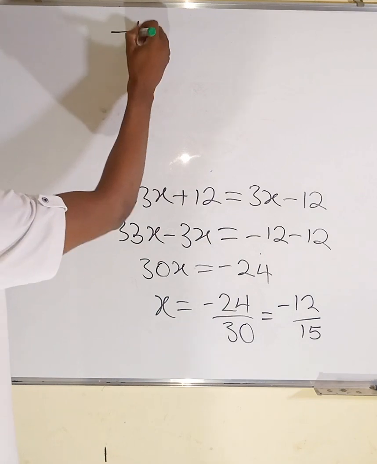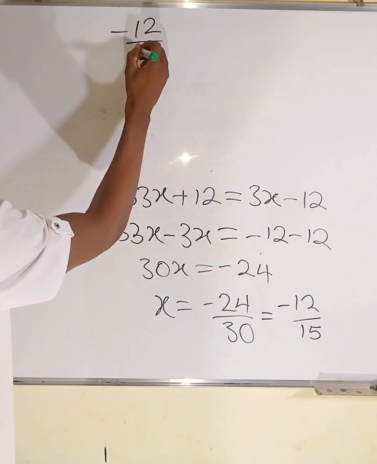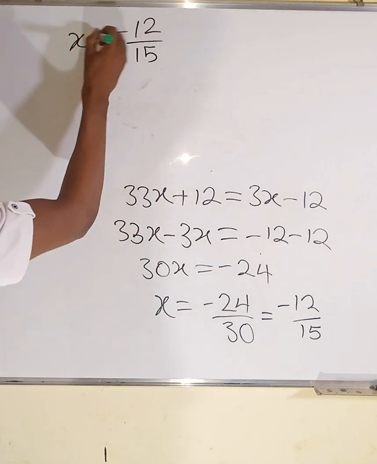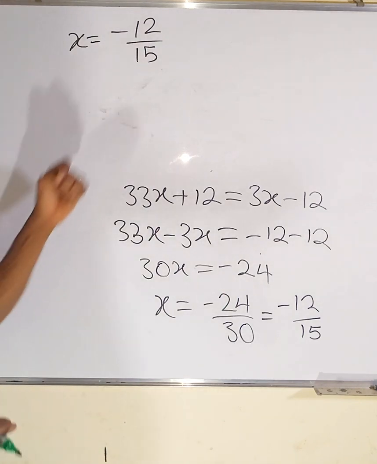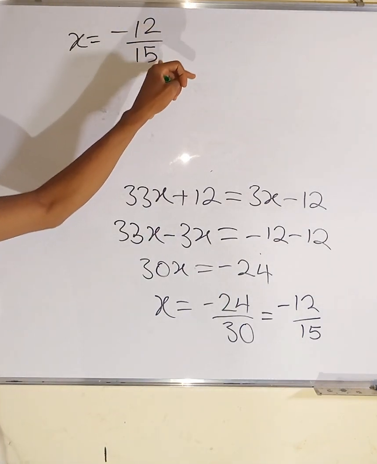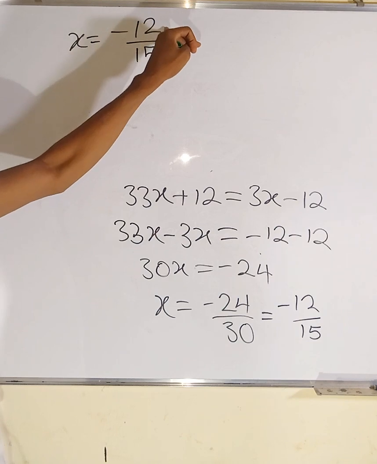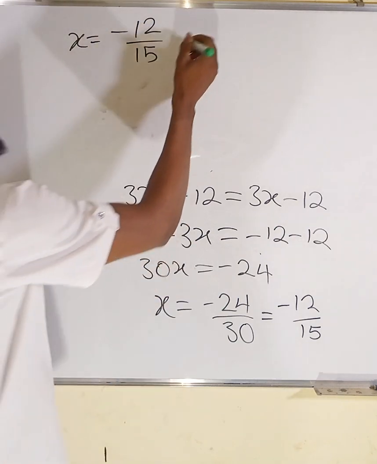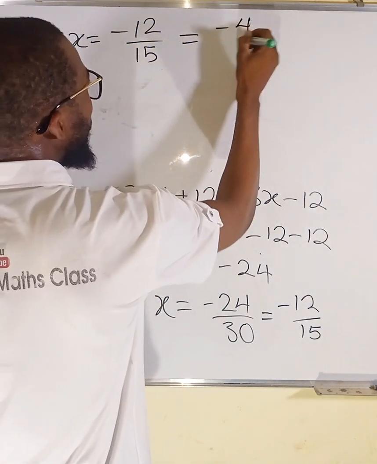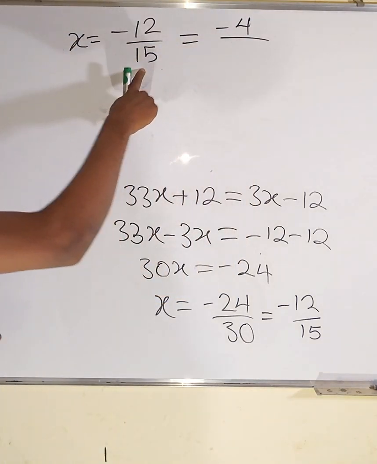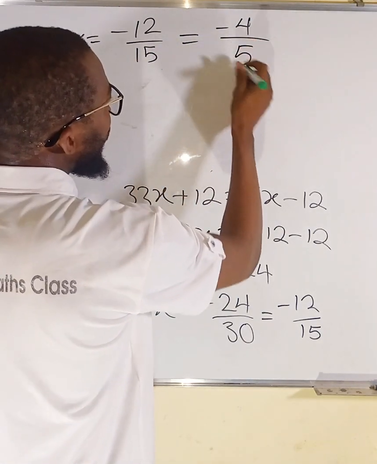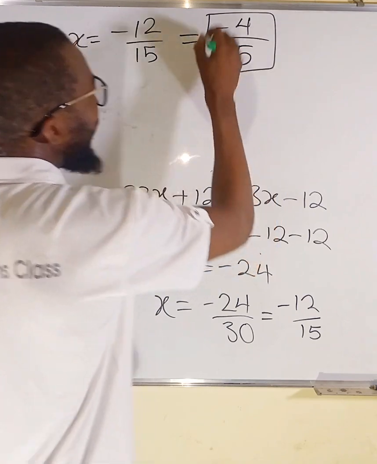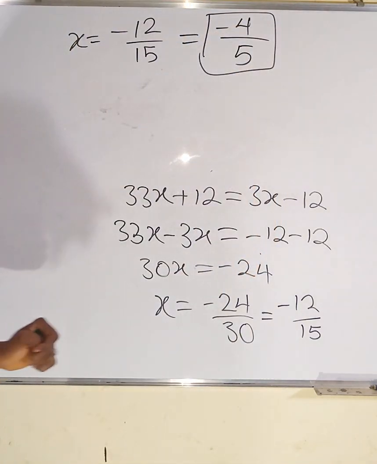We have negative 12 over 15 as the value of x, but we can still break it apart because I think 3 can go here 4 times, so this is equal to negative 4. 3 can also go into 15 5 times. So this is the value of x, negative 4 over 5.